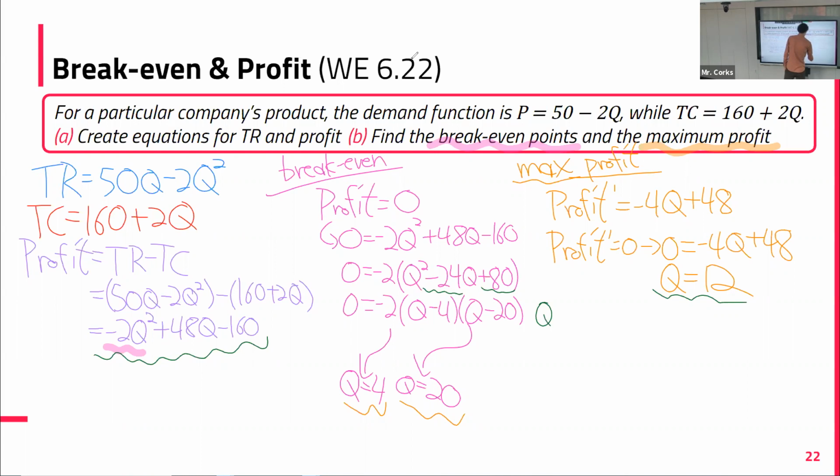So where q equals 12, underneath, profit is equal to -2 times 12 squared plus 48 times 12 minus 160.